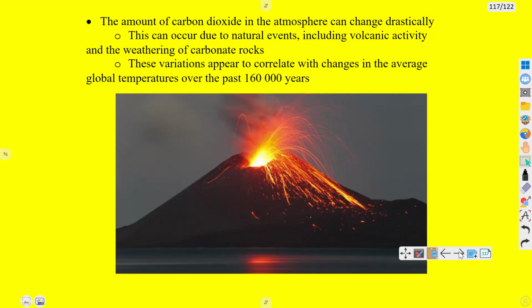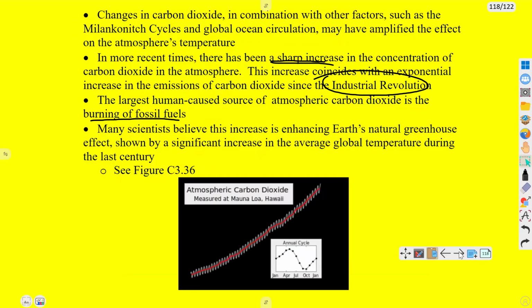But these variations due to volcanic activity seem to correlate with global temperatures over the last 160,000 years or so. Now, changes in carbon dioxide have amplified the effect on the atmosphere's temperature.